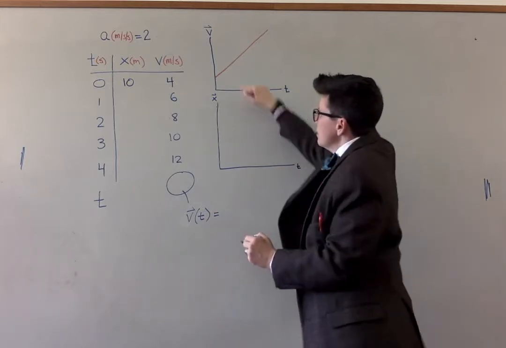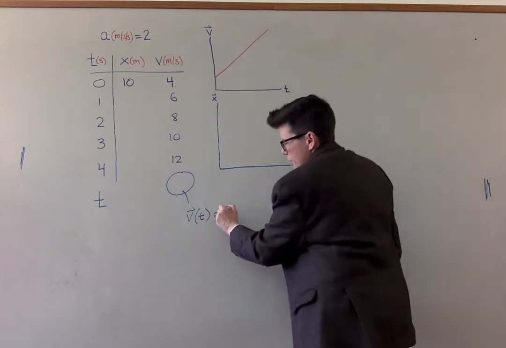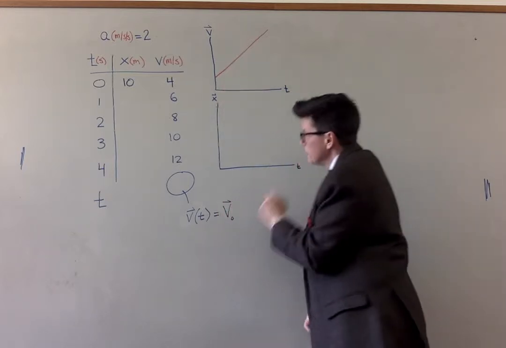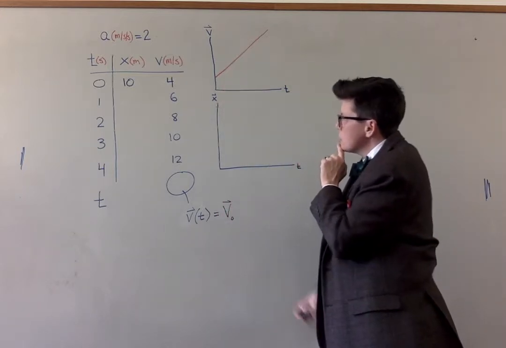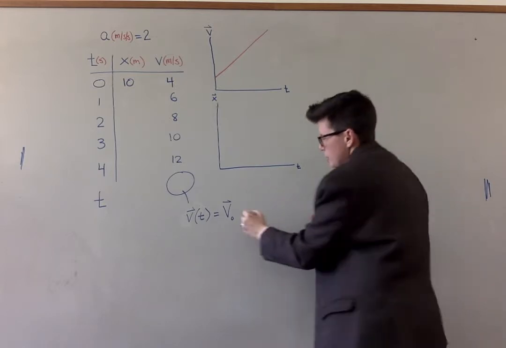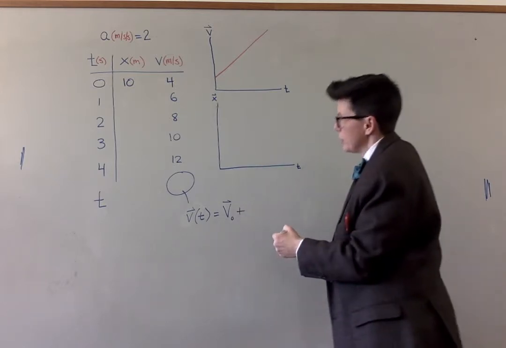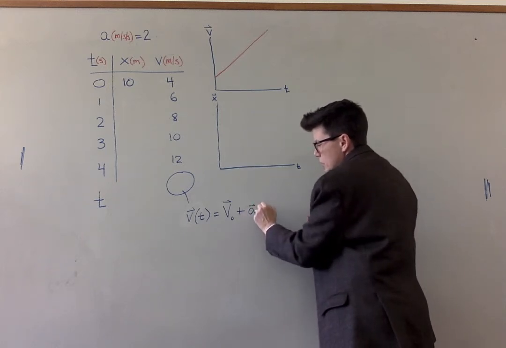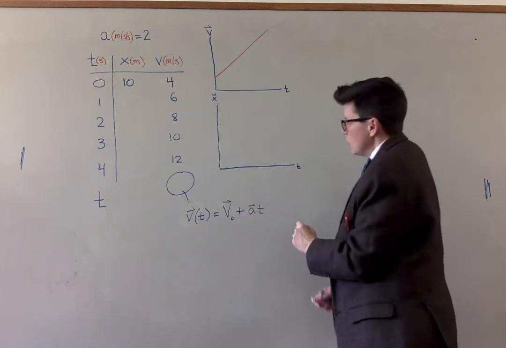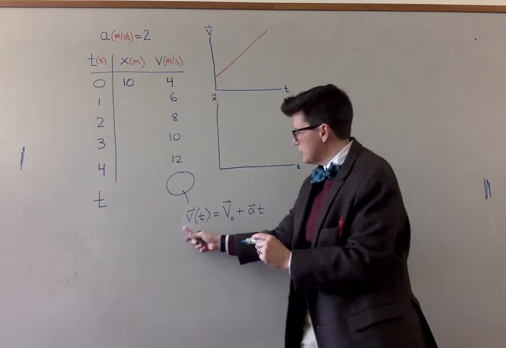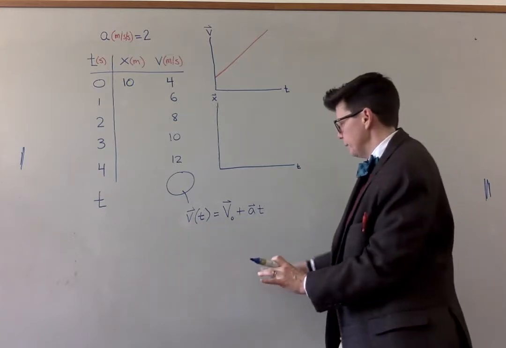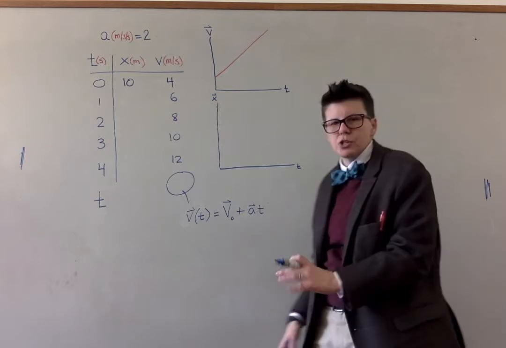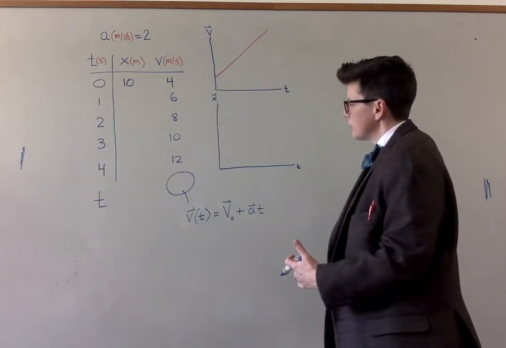Well, I see that it's a vertical intercept of an initial velocity plus the slope times the time interval, plus the time on the clock, sorry. So the slope times some interval of time. So that would be the velocity at any future moment in time is the initial plus the acceleration times that time reading on the clock.